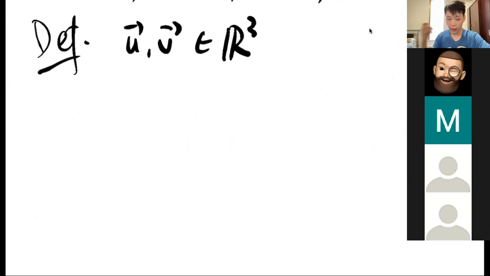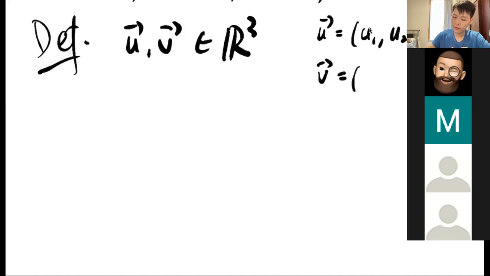By the way, cross products only make sense in 3-dimensional vector spaces. So let's say that U is U1, U2, U3, and V is V1, V2, V3.